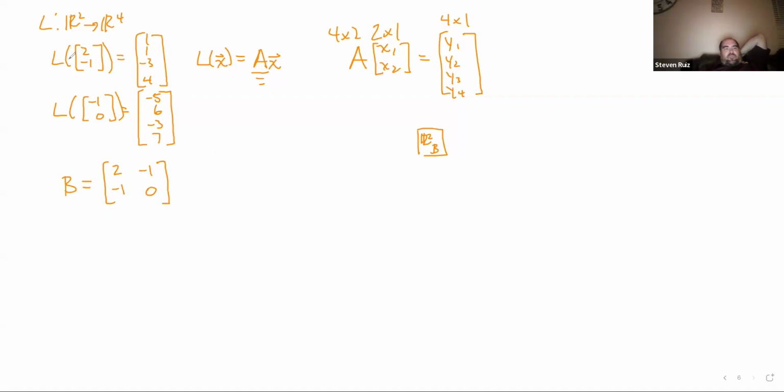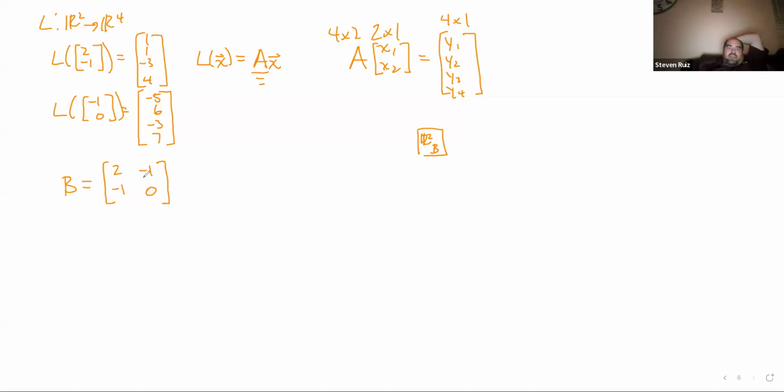So basically, we have 2 examples of how L works. What we're going to do with those 2 example input vectors is say that's the basis on which this transformation operates.